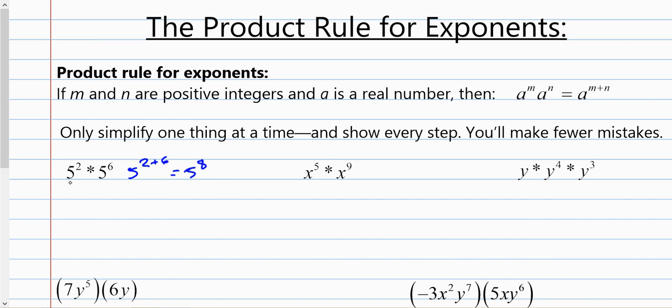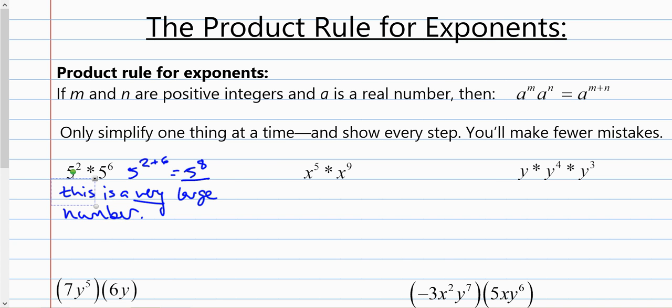Now 5 to the 8th is a very, very large number, so I'm going to leave it as 5 to the 8th. So we're not actually going to evaluate that entire number.